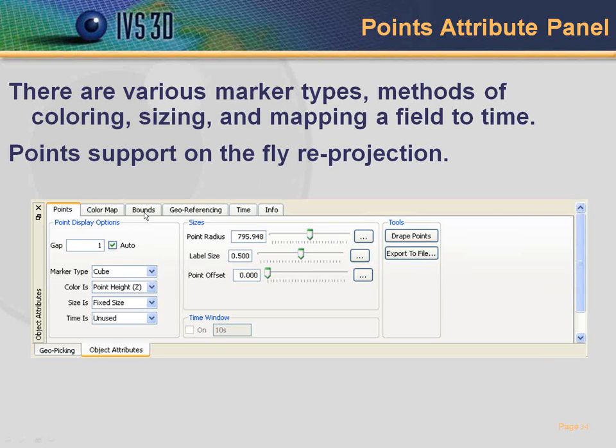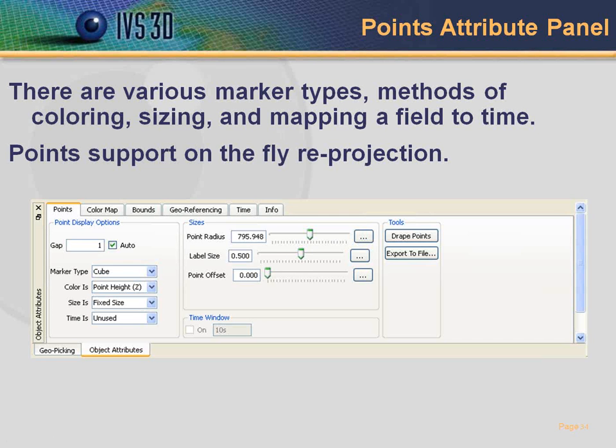The point object also supports data that varies in time, so you can identify a particular field, which is the time tag, and then if you use the time bar in Fledermaus, you can play the data and see how it evolves in time. And there are a few options that are typical with points. Sometimes we want to drape them on a surface.